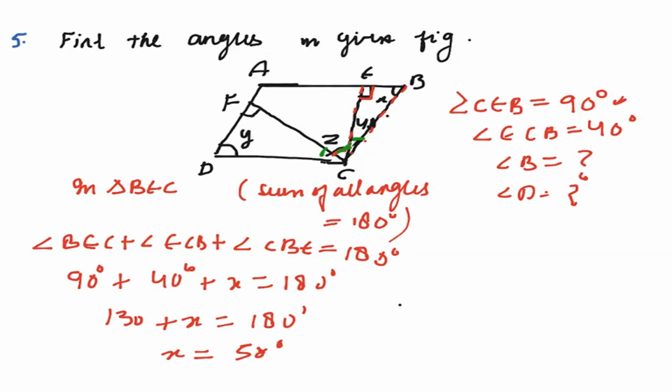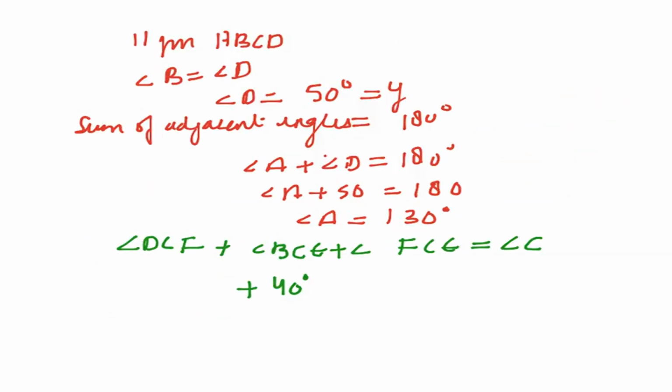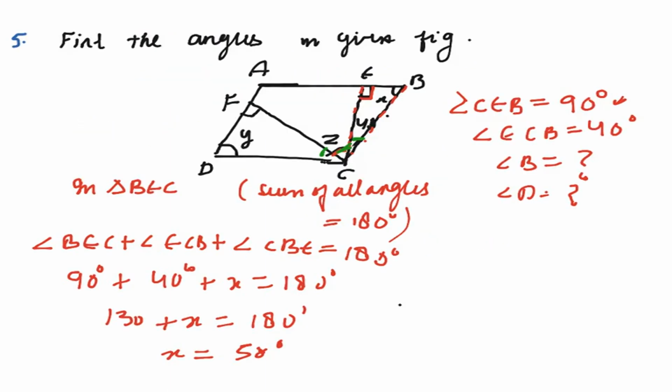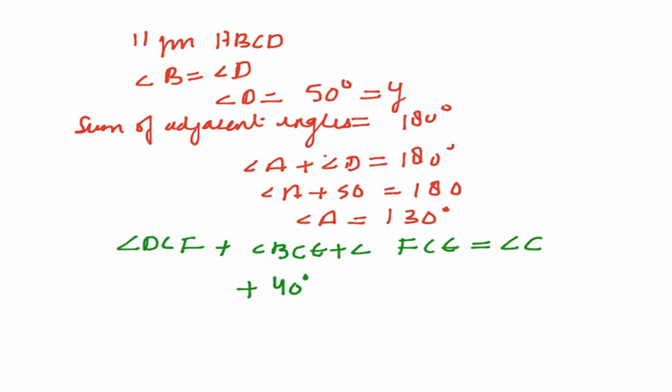So we can write angle DFC plus angle FCD plus angle CDF is equal to 180 degree. In this we have given angle DFC is how much? 90 degree, and we know the value of Y, that means angle FDC we know it is 50 degree, that we find out just now.